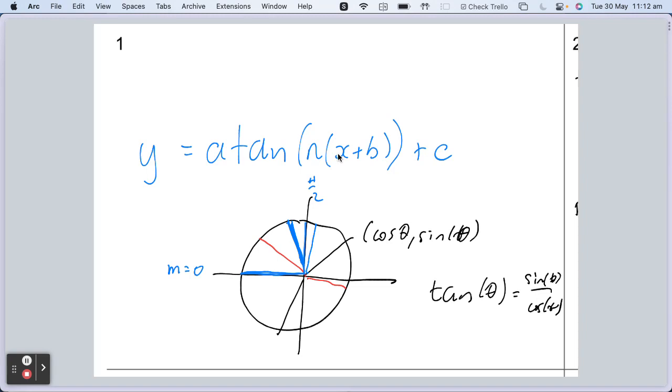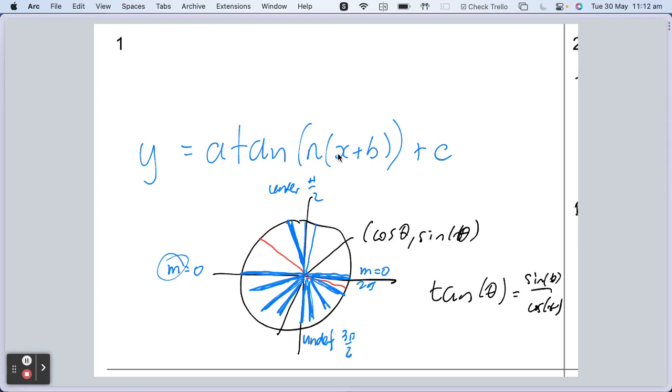And then if I go here, I've got a pretty flat gradient, which is then getting steeper and steeper until I get to here where it's undefined again. That's 3 pi on 2. And then it's really steep, and then it's getting flatter and flatter until it's flat again here at 2 pi. So the gradient is 0 again. So where you see m there for gradient, that's tan.